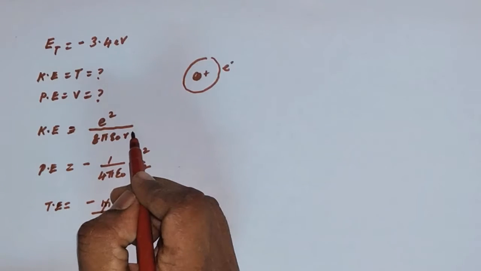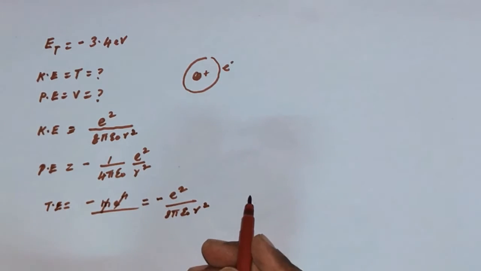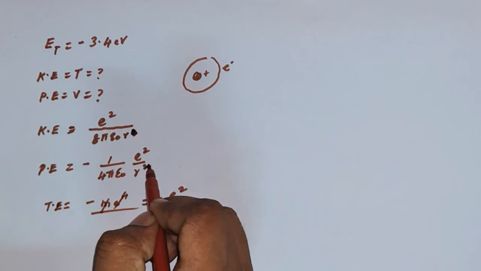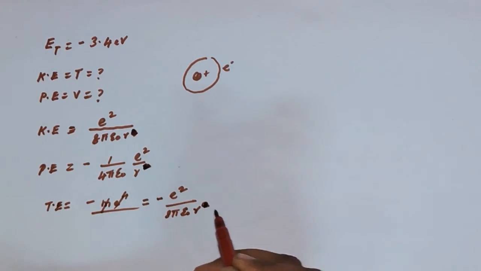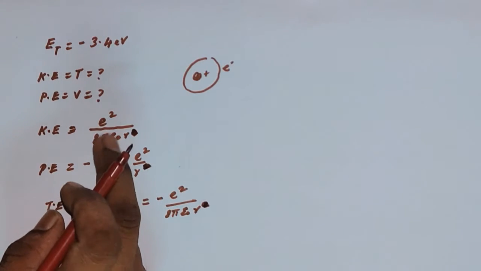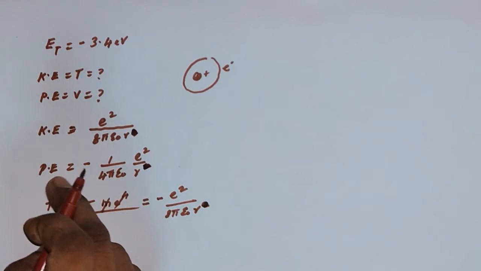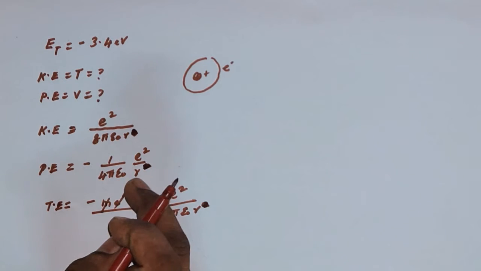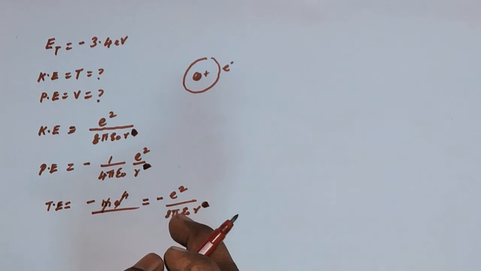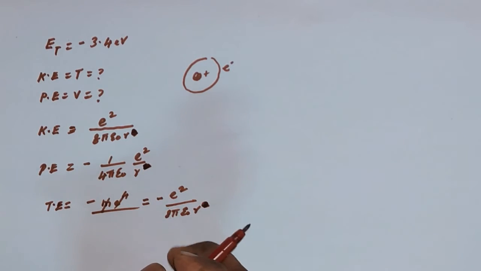Sorry, here there is no r square in the denominator, it will be r. The kinetic energy is e square by 8 pi epsilon naught r. The potential energy is minus e square by 4 pi epsilon naught r. The total energy would be equal to minus e square divided by 8 pi epsilon naught r.